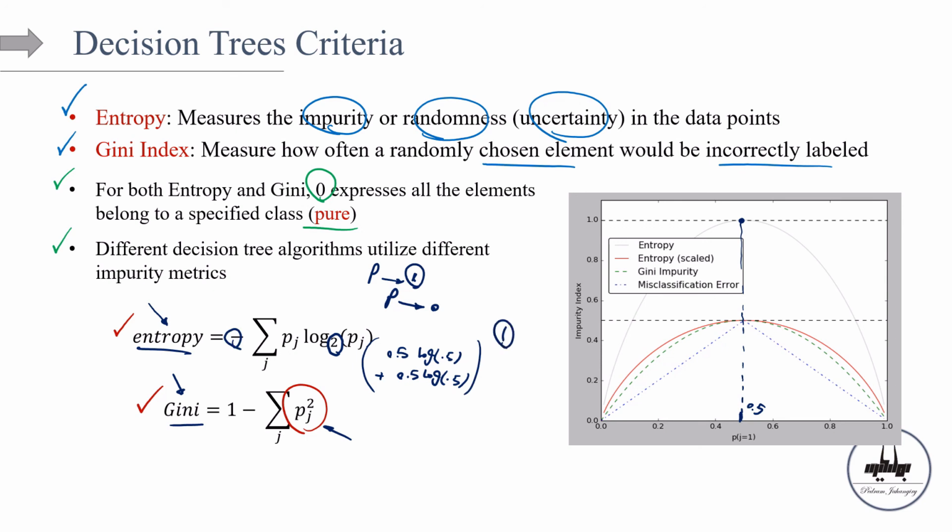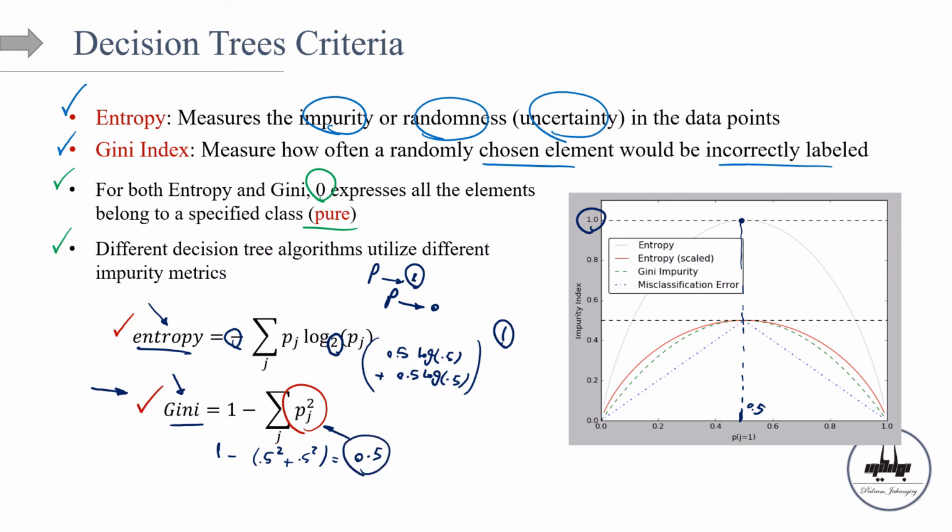So that's why you get 1 if the probability is 50%. However, for Gini, you get 0.5 if you plug in the probability of 0.5: 1 minus 0.5 to the power of 2 plus 0.5 to the power of 2, so you get 0.5.